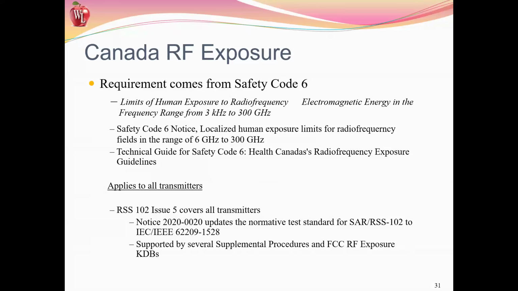A technical guide for Safety Code 6 is available. It helps you understand that. And as in the United States, it does apply to all transmitters. All transmitters, even if they're exempt, you have to address the exposure requirement. You still have to have an exposure exhibit.